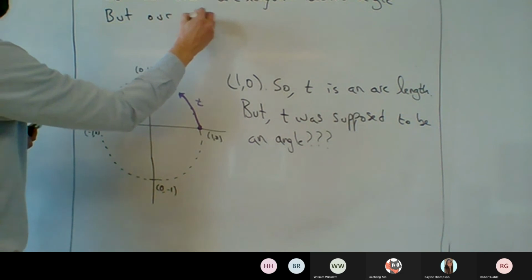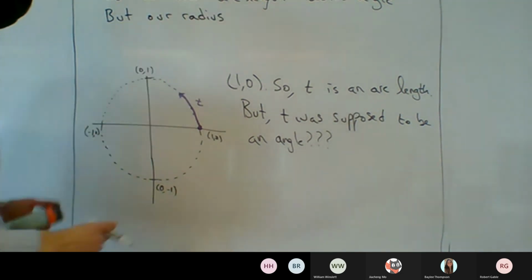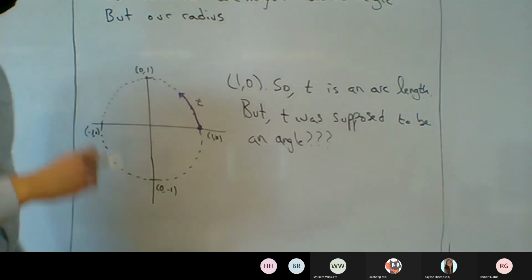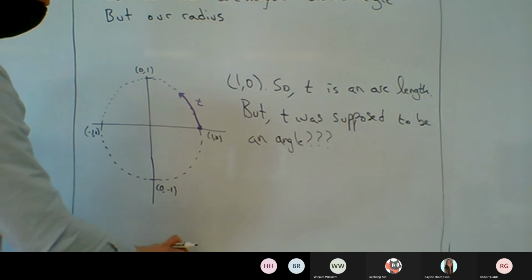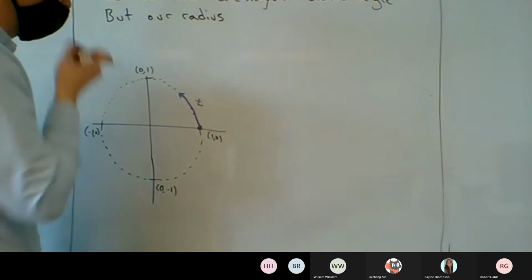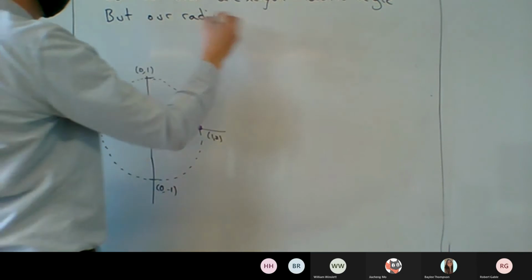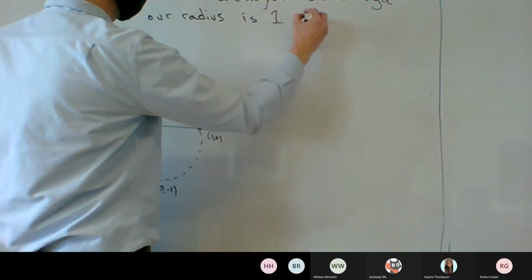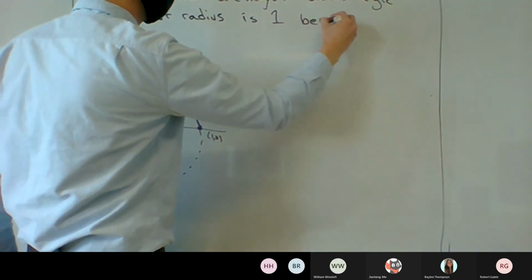But what is our radius? If t is traveling along not just any circle, but specifically the unit circle, then what is the radius? Our radius is 1 because we are on the unit circle.